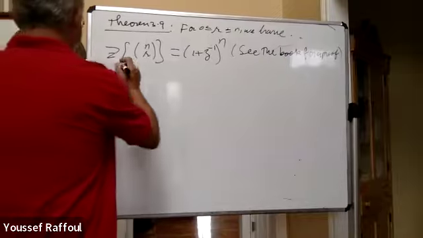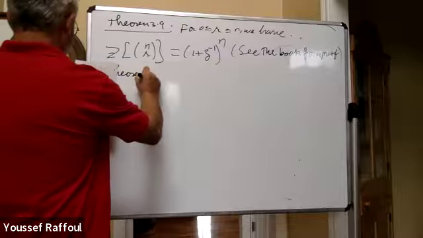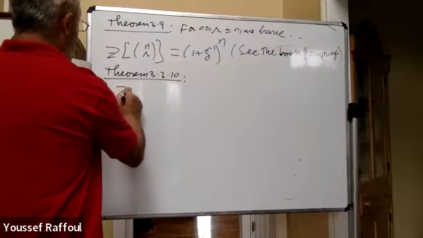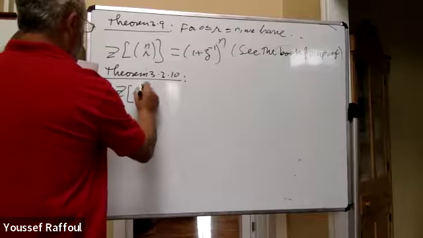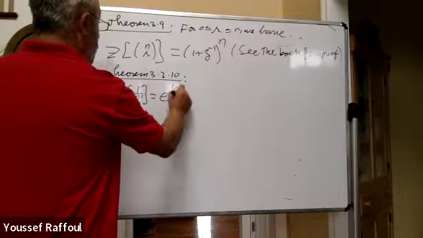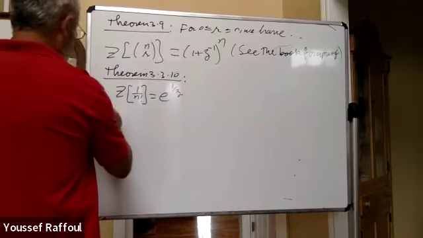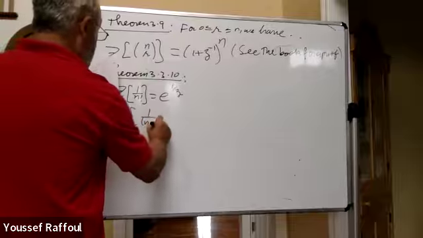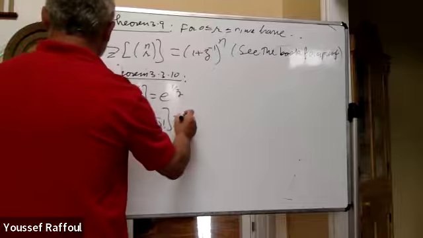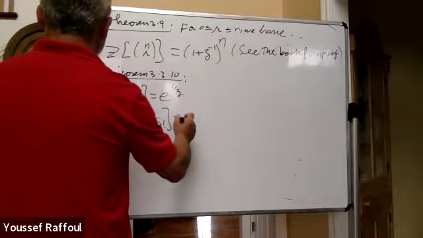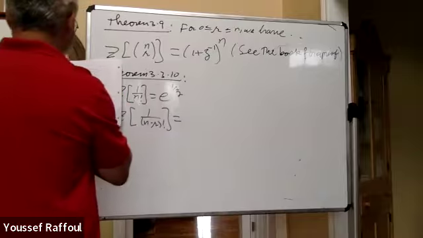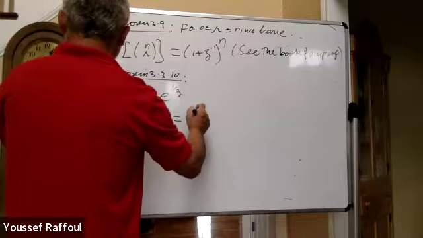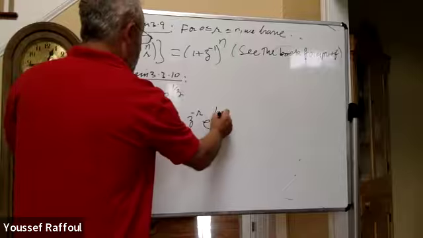All right. Now here's another theorem. The Z transform of 1 over n factorial is e to the power 1 over z. And the Z transform of 1 over (n minus r) factorial is z to the minus r times e to the 1 over z.